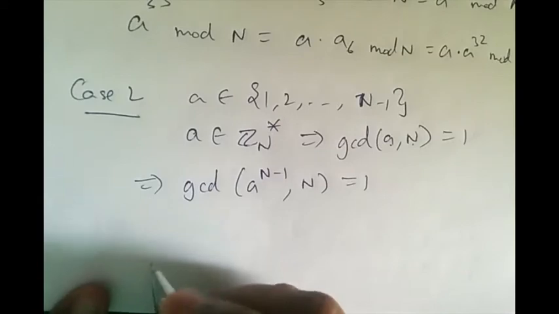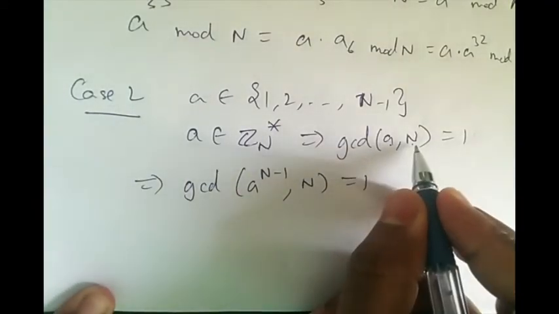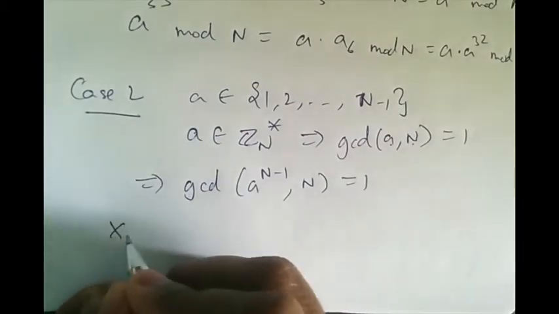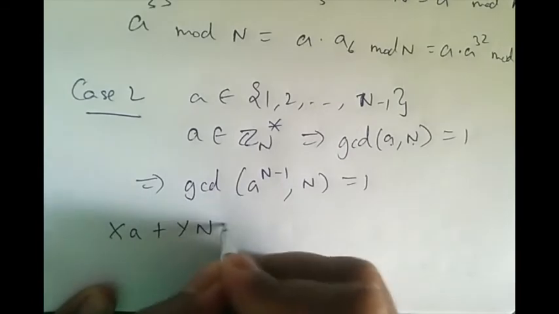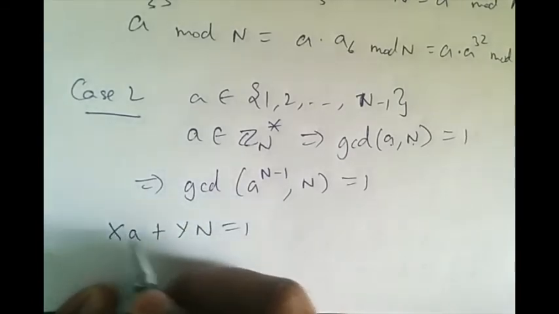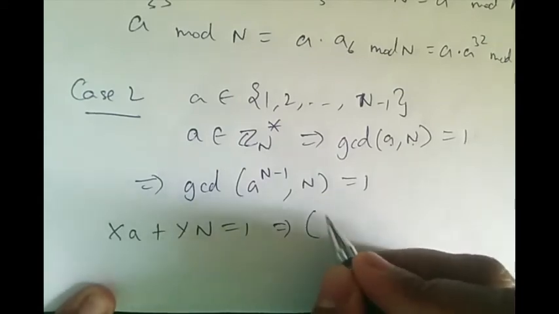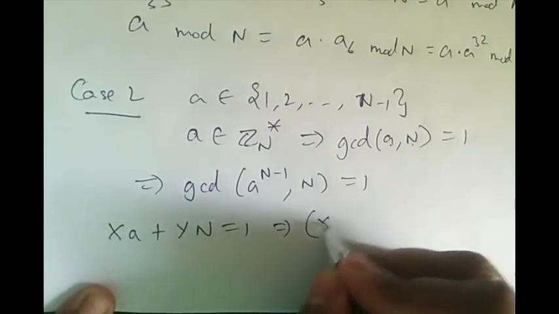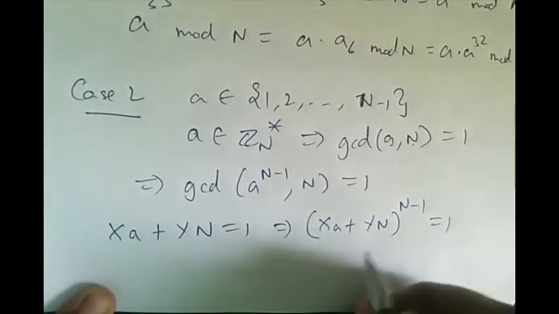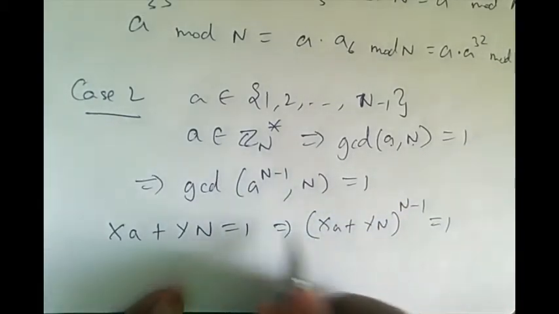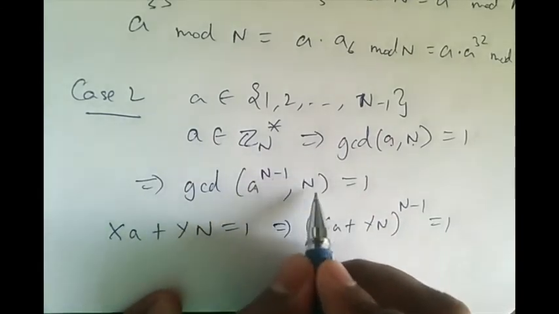Without using any intuition, the way I would argue this is that if GCD of A and n is 1, then there exist integers x and y such that this is true: an integer linear combination of a and n is 1. So now I'll just raise it to the n minus 1 power. Why am I raising it to n minus 1 power? Because I want to say something about the GCD of a raised to n minus 1 and n.